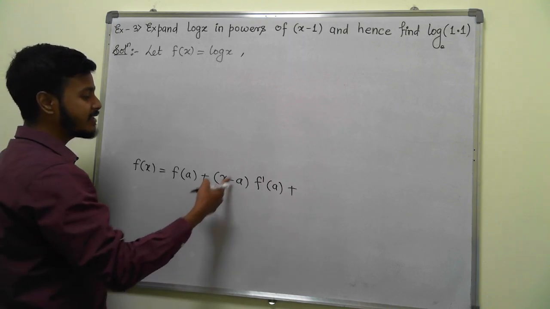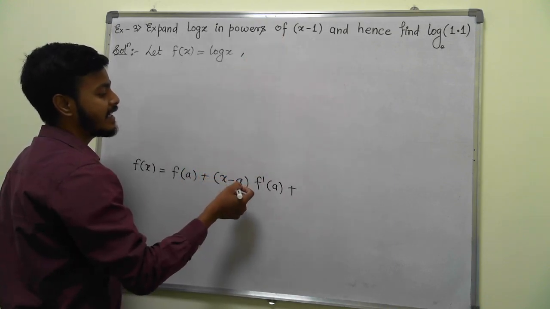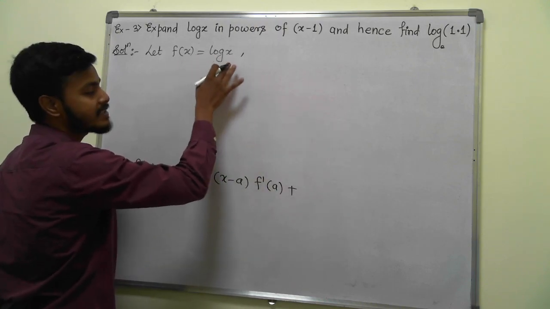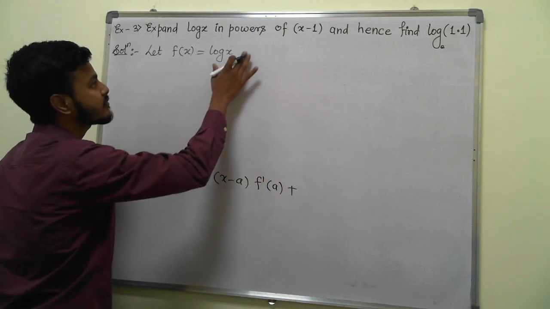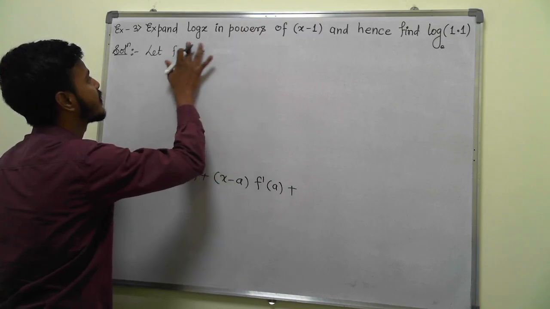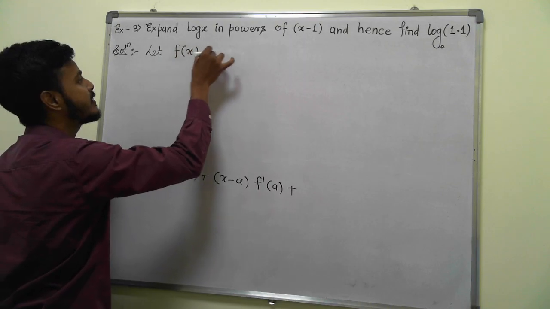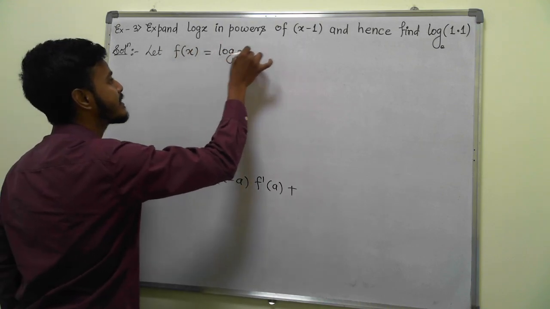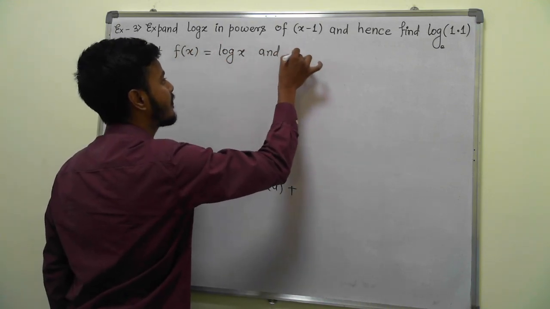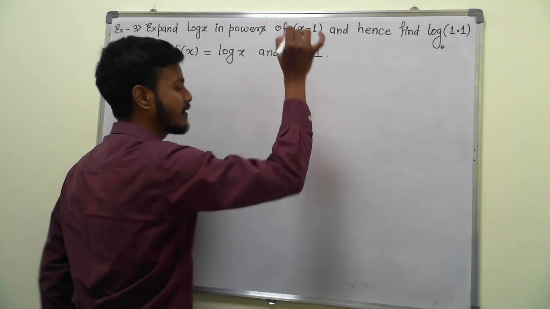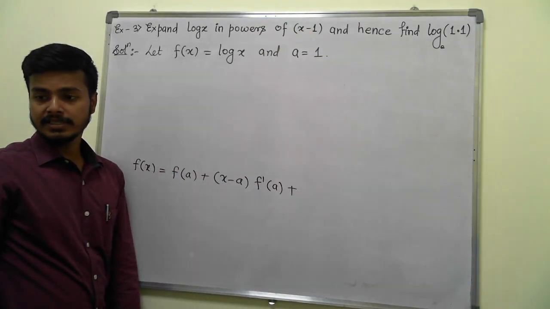If you compare this with this, x is x and a is 1. So f of x is log x. Let me write it one more time: let f of x be equal to log x and a is equal to 1. Is it okay up to this?